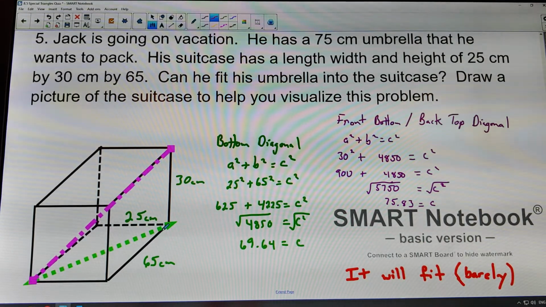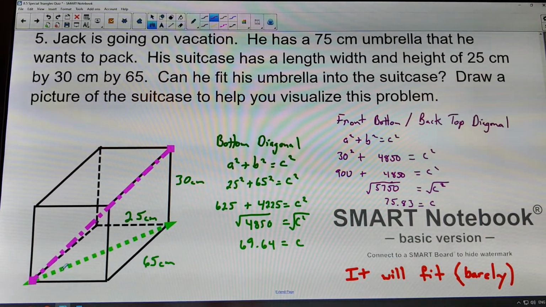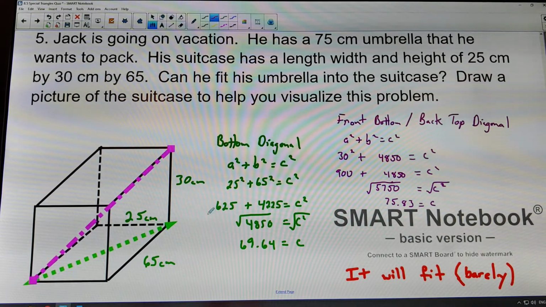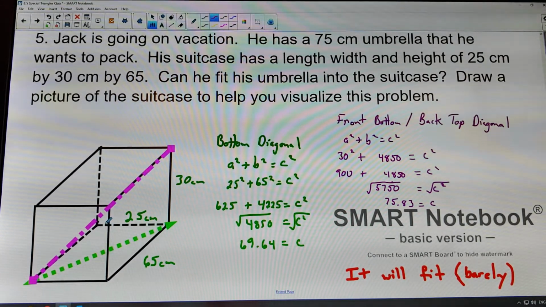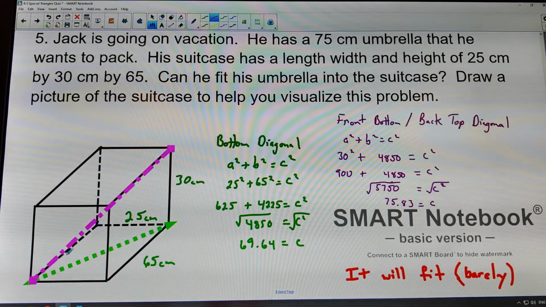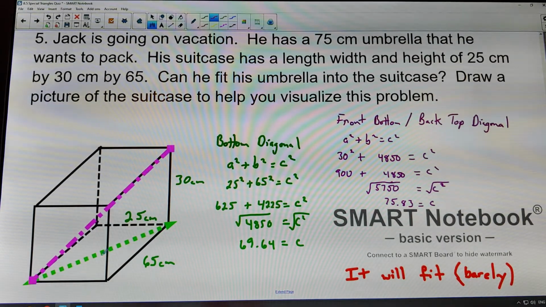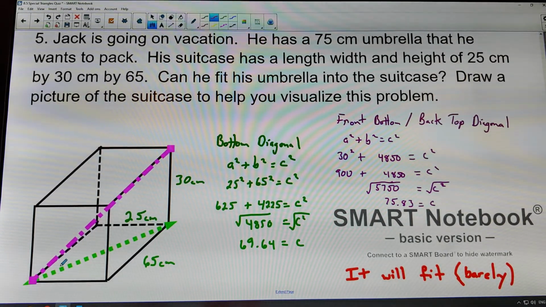This first Pythagorean theorem will just be figuring out diagonally across the bottom. So a squared is going to be right here. This is A, 25 centimeters. B squared is going along the back, and that's 65 centimeters. And this will be C squared, and then we'll know how long that is.